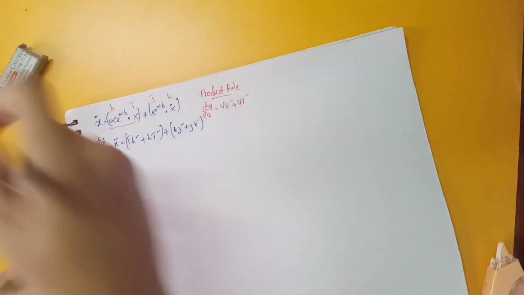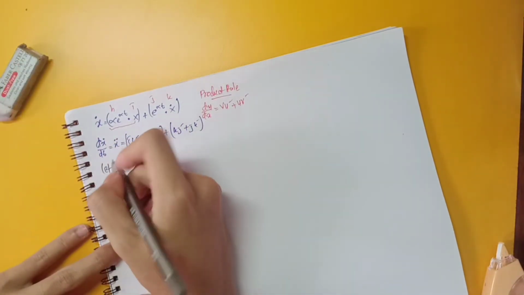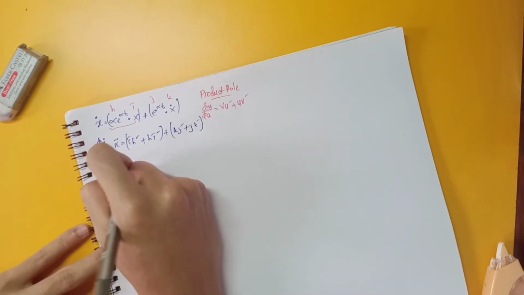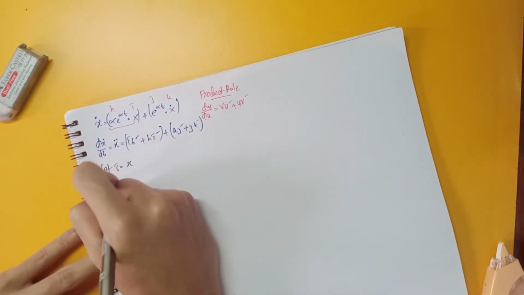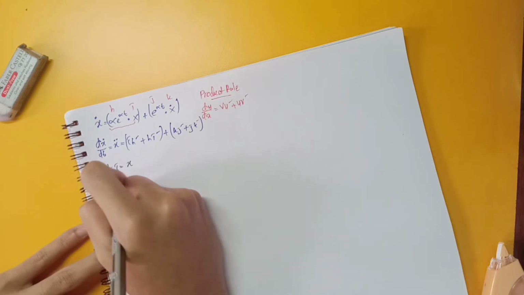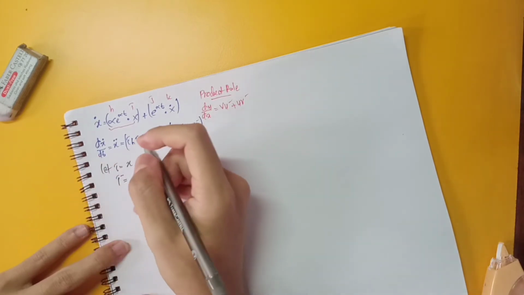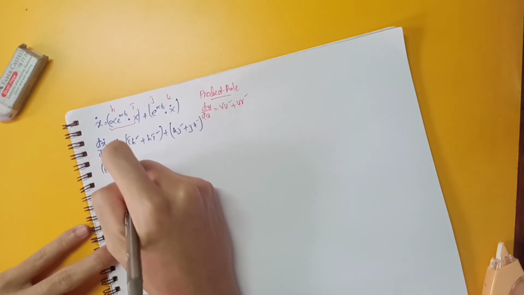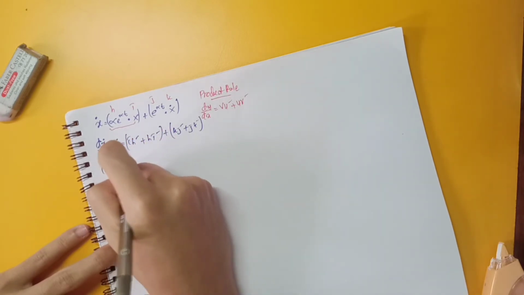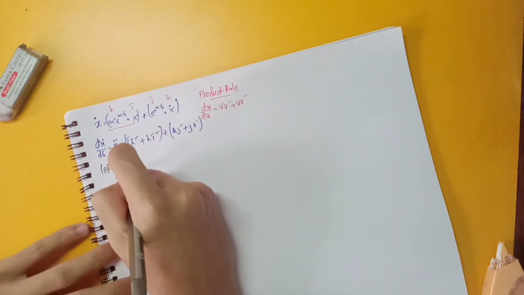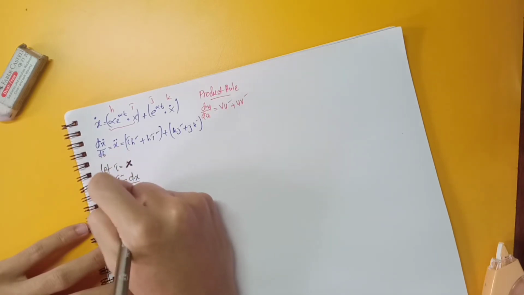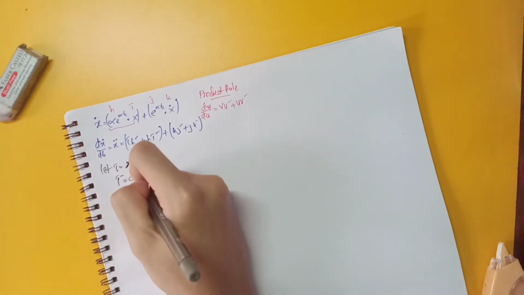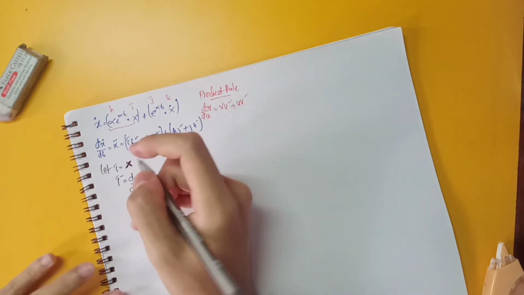Okay, now let's let I be equal to x, and then for I prime, we have to differentiate x with respect to time. Okay, so we get that it is equal to dx over dt, right? So dx over dt is the rate of change of displacement.